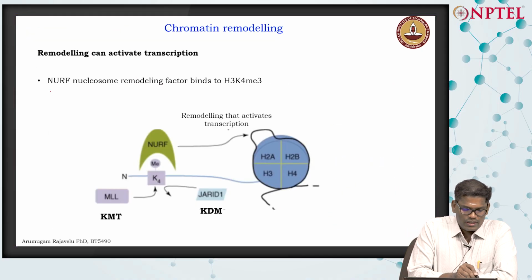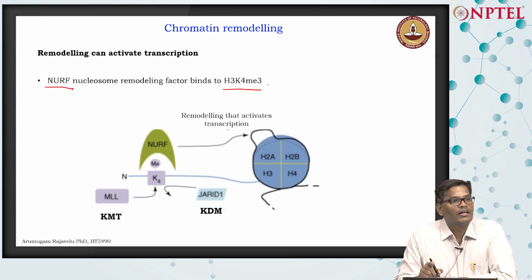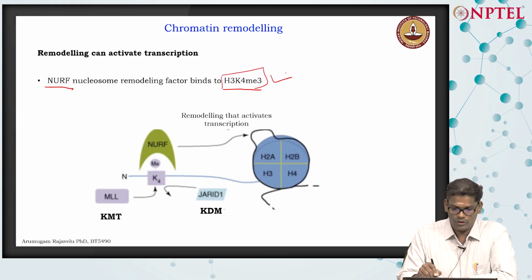Right. This is one of the other examples, the nucleosome remodeling factor, NURF, which has a specific domain that binds to H3K4me3, which is a strong gene activation mark, the only known gene activation methylation mark on the histone proteins, histone 3 lysine 4.